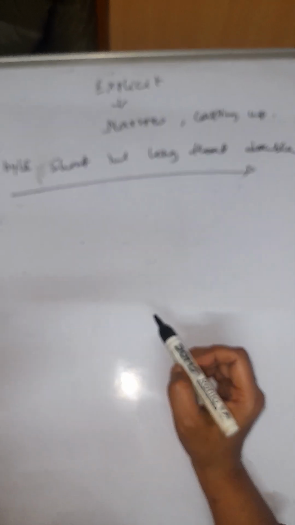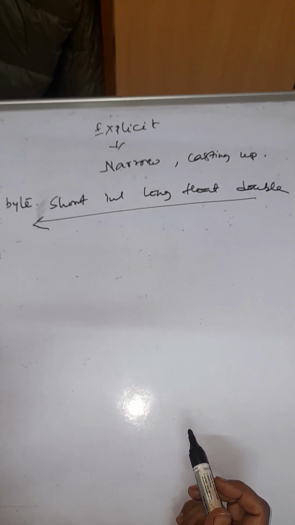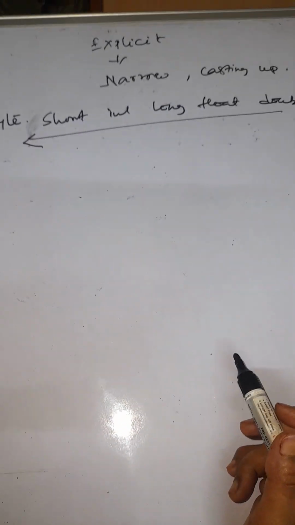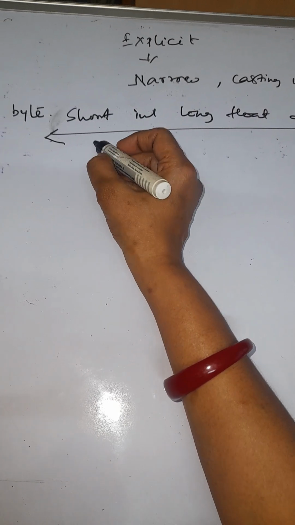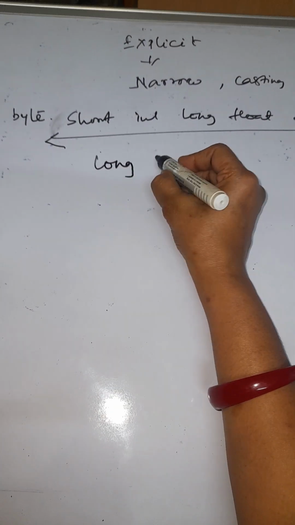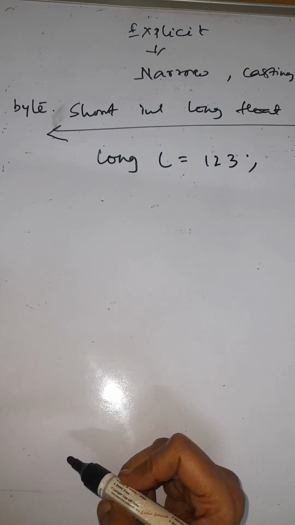So now if you want to convert from double to float, float to long, long to short, or short to byte, that is, from higher to lower, like this: if you have one variable, long L equal to 123. So this is a long type variable.